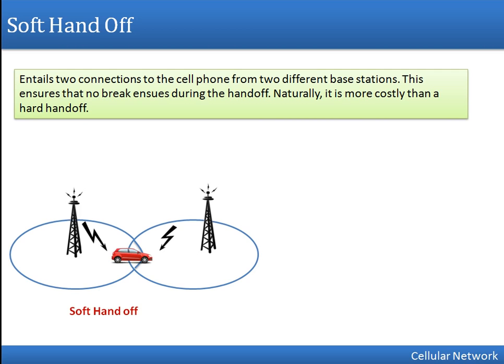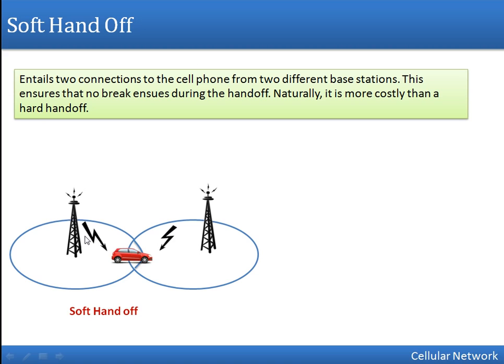And soft handoff. In soft handoff, when a user moves from one base station to another, at the boundary of the cell the user will start getting signal from the new base station, and as the user moves into this cell, the signal of the previous base station will become weaker. The mobile node will be connected to this new base station, and once this connection is done, at that time the old connection will be broken.